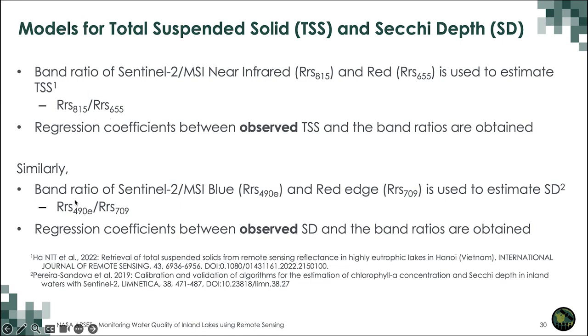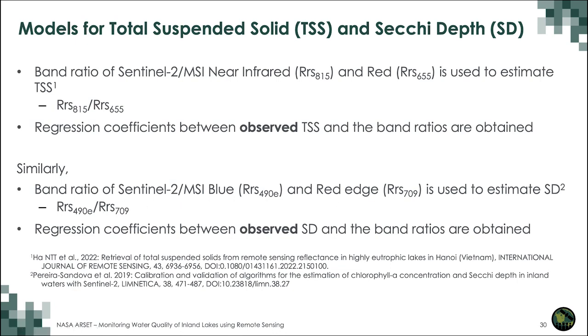Similarly, for Secchi depth, these ratios are used from Sentinel-2 based on this paper here. So this is blue and this is red edge. Now, Secchi depth, or water clarity, is not that easy to obtain, but still empirical relationships are used here.